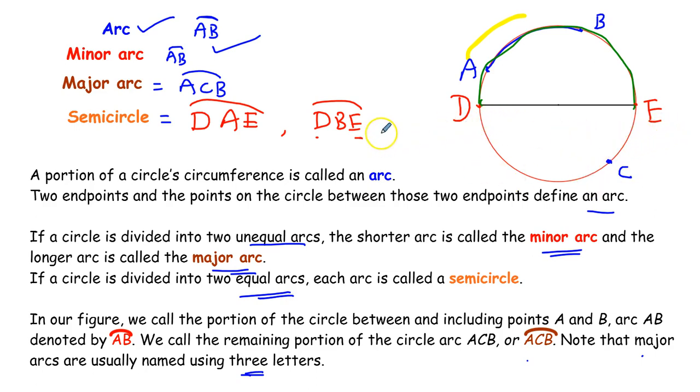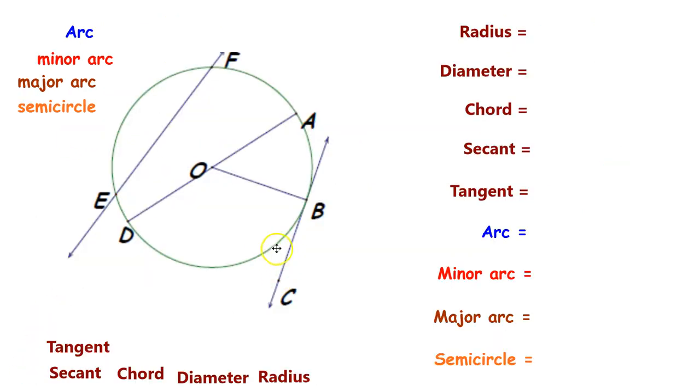Okay, so in this you saw an arc, which is a part of a circle, and among the arcs, one is a minor, next is a major, and a semicircle. Very simple, right? Now we have a figure here. In the figure, so many points are there. O is the center.